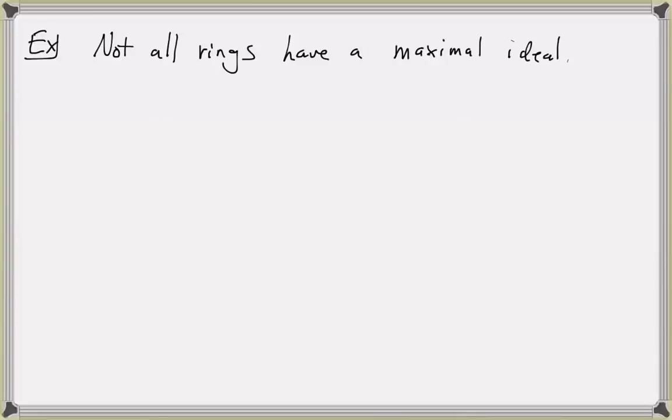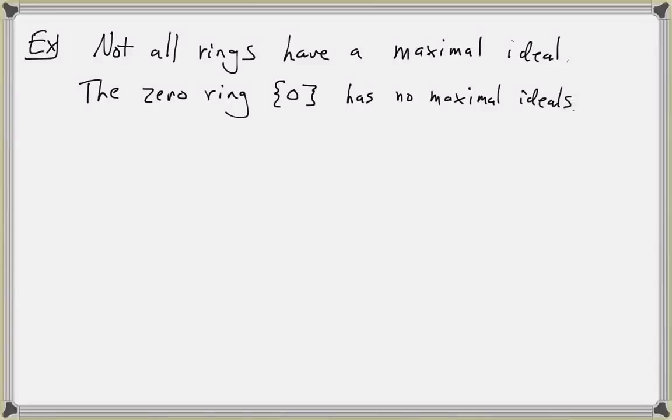So, for example, the zero ring, consisting of only the number 0, has no maximal ideals, because any ideal of the zero ring would be equal to the zero ring.